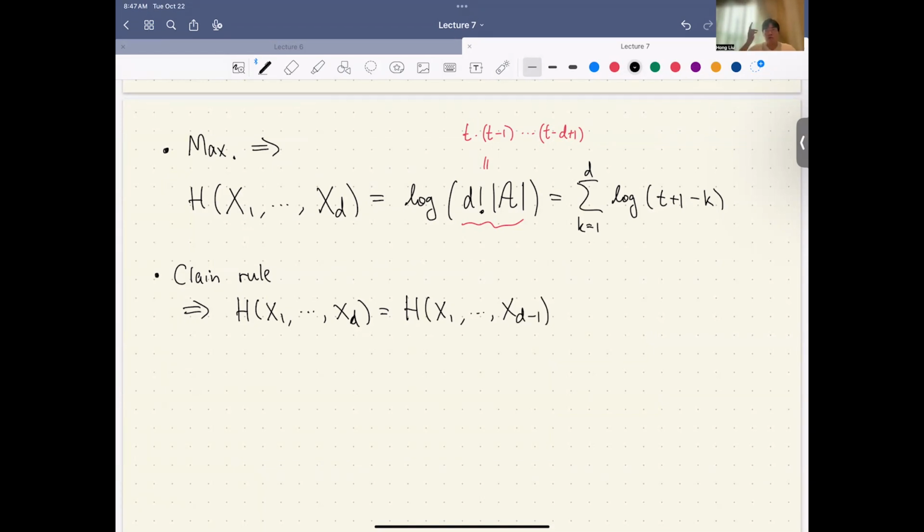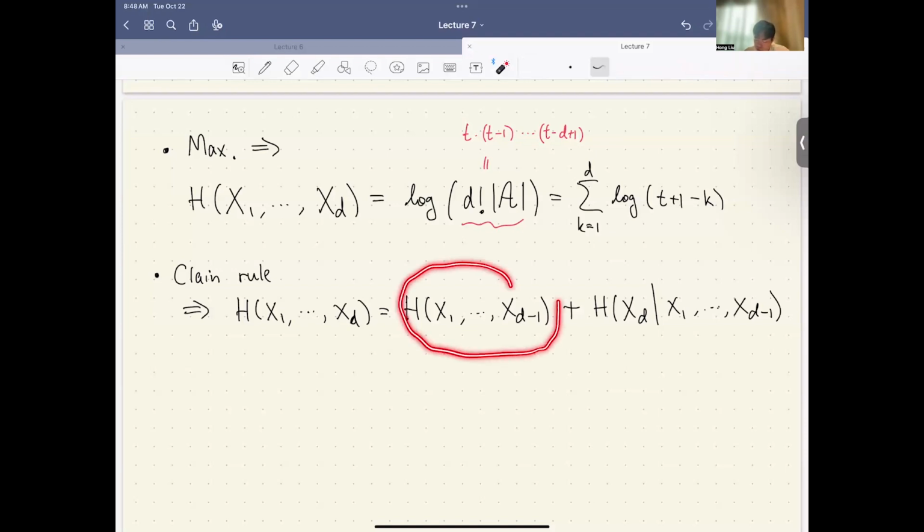I interchangeably use d set or d clique for elements in script A. Then after revealing the first d minus 1 vertices of this clique, we're going to reveal the last one. This is the conditional entropy of xd given x1 to xd minus 1. This guy, we're not going to do much. We will just use maximality to bound it.